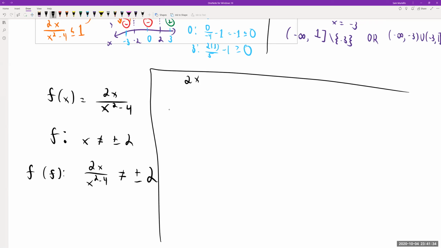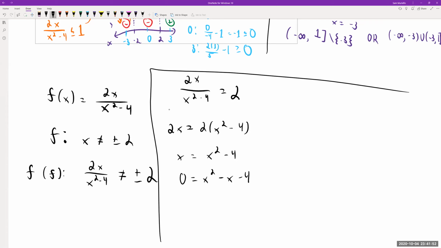If 2x over x squared minus 4 is equal to 2, then 2x is equal to 2 times x squared minus 4, which means x is equal to x squared minus 4. 0 is x squared minus x minus 4. Is that going to factor? It does not look like it. Yeah, no, that won't work.